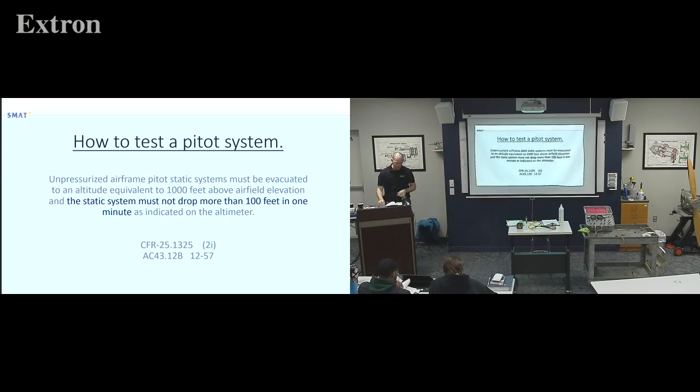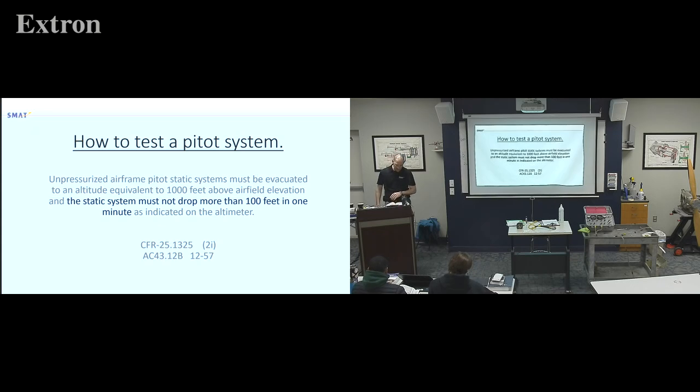The short version is make sure you know what's up with the aircraft, make sure you know how fast you can raise and lower the pressures, because they don't want you to raise and lower pressures outside the range of what's in the aircraft. So basically what they're saying is, if the aircraft doesn't tell you how to do it, you better go to the actual instrument and make sure you stay within the instrument's limitations. And then there's a couple more things beyond that, but that's the basic gist of it.